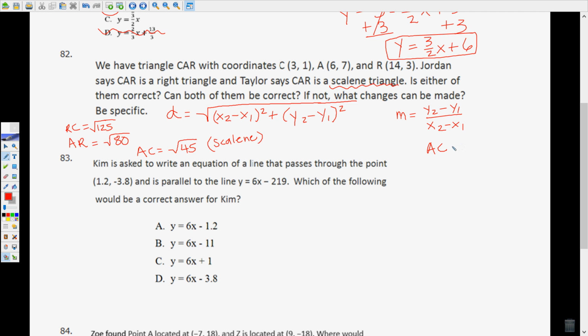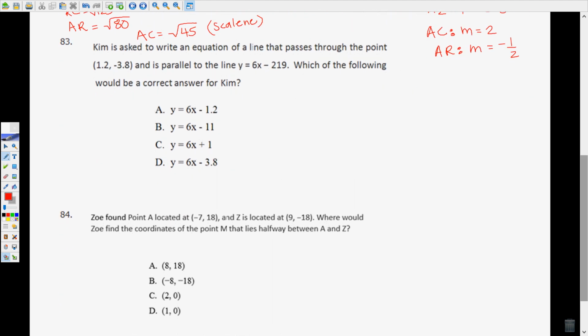For AC, the slope ends up being 2, and for AR, the slope ends up being negative 1/2. Those are opposite reciprocals, so it is also a right triangle. Again, practice using those formulas, but that's how I'm going to show you number 82 for now.